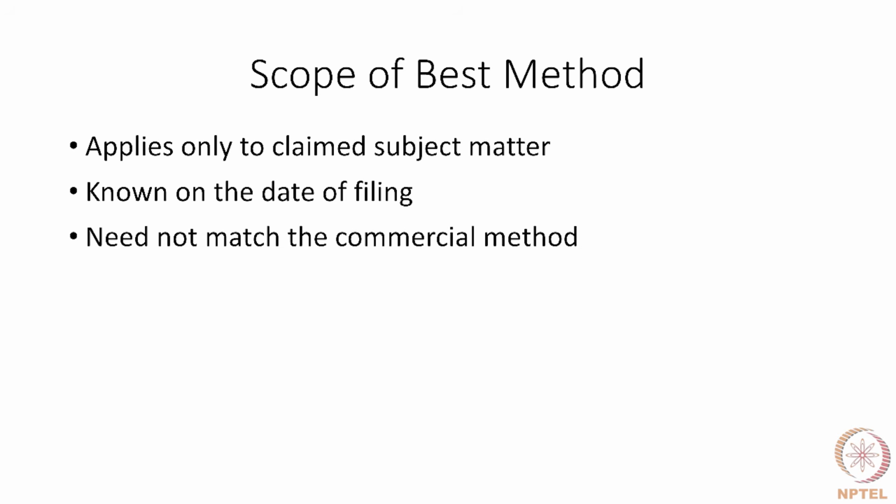There is no requirement in law which requires the applicant to actually disclose the best method as the method which he would eventually commercialize. So you could commercialize something that is incidental, something that is a variant, something that's an improvement to your claim, but there is no requirement which says that the commercial method should also be the best method.